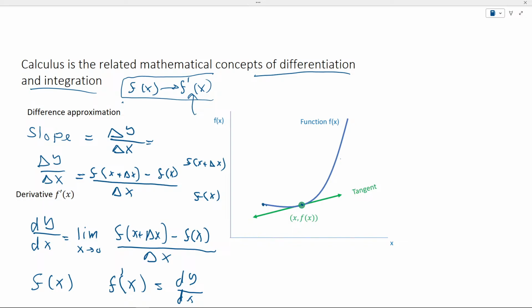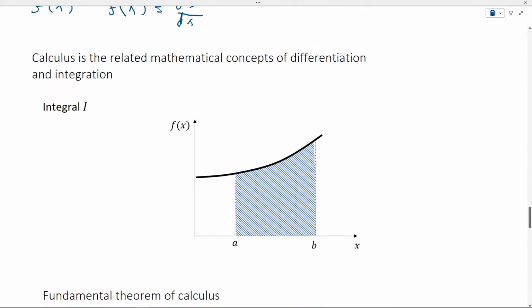So while a derivative is telling me about the rate of change, integration, which is the opposite of differentiation, is telling me accumulation, not the rate of change. So I have a function here, and what integration is basically telling me is accumulation.